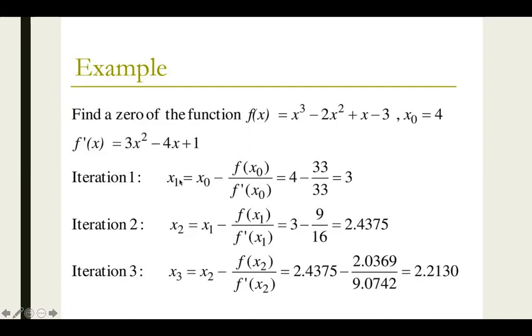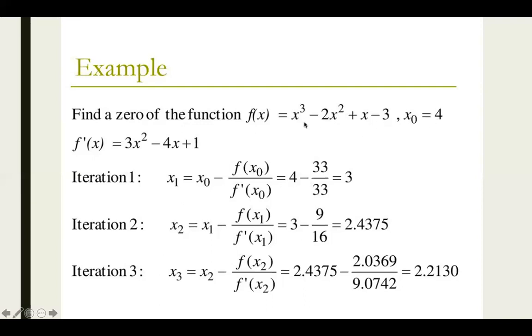Now in iteration 1, what we have to find? Xi plus 1, or x1, and what is the formula? Xi minus f of xi upon f dash of xi. So we have x naught minus f of x naught upon f dash of x naught. We will put the value of x naught equal to 4 in this function and we will get f of x naught.